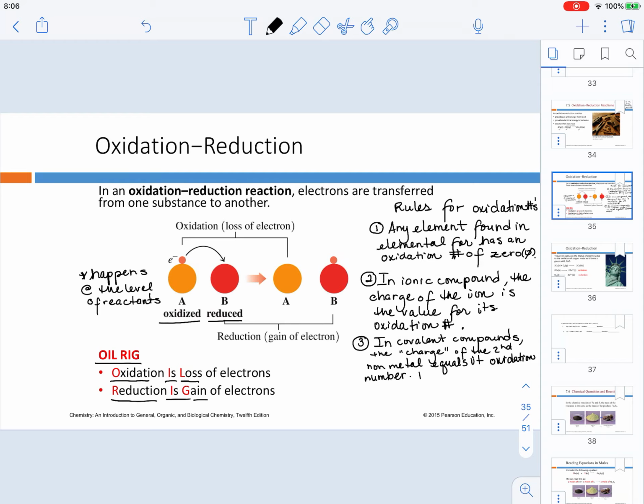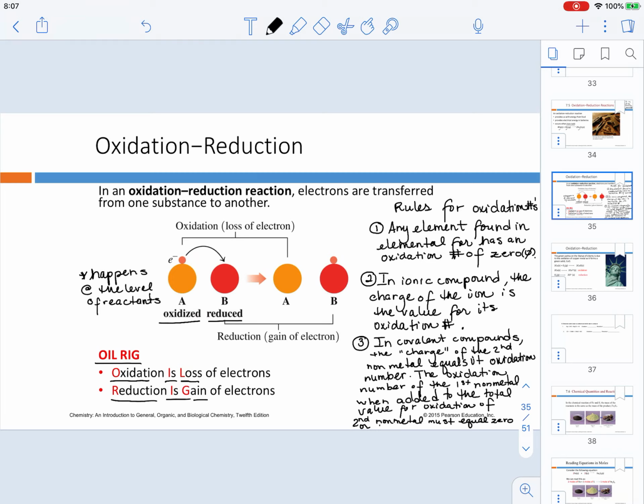Then the oxidation number of the first nonmetal, when added to the total value for oxidation of the second nonmetal, must equal 0, unless we're talking about a polyatomic ion, then it's going to equal the overall charge of the polyatomic ion, okay?